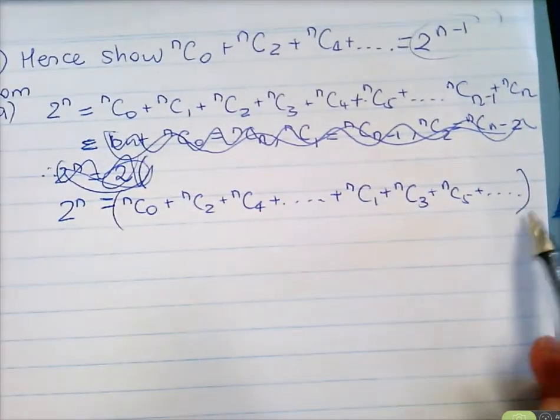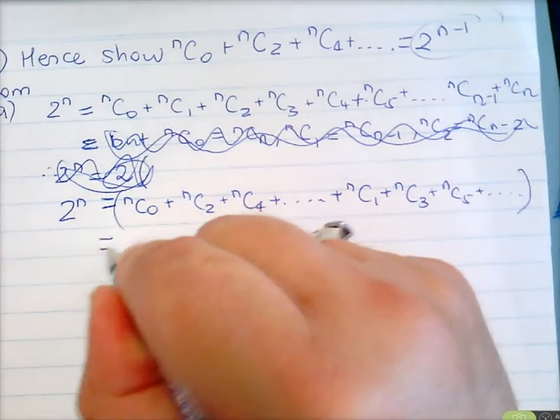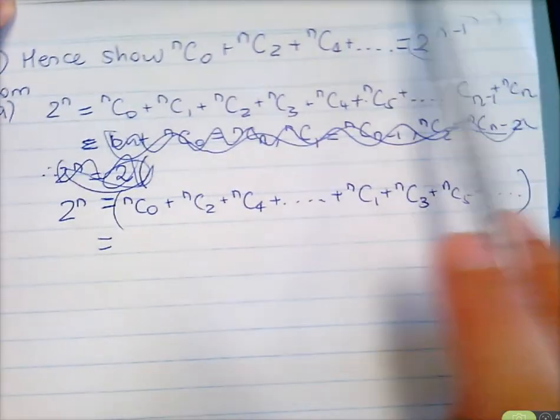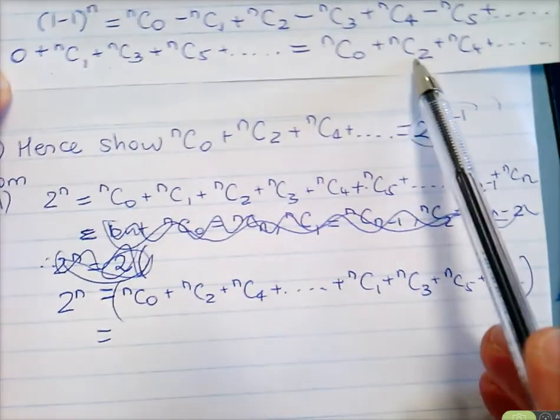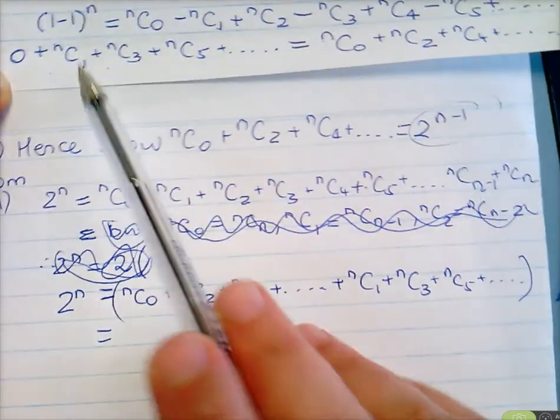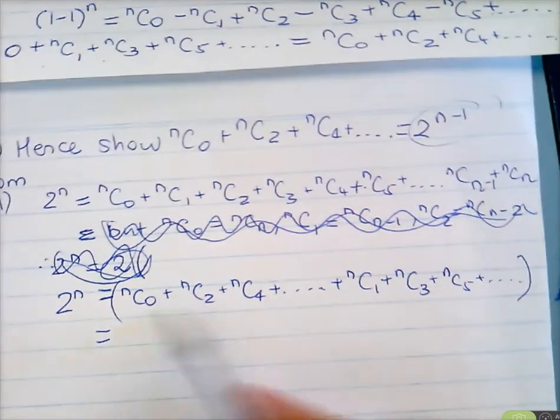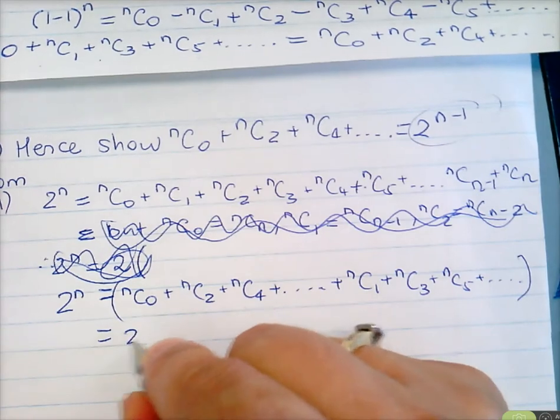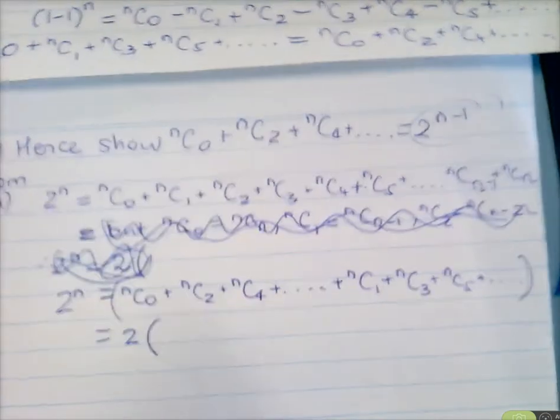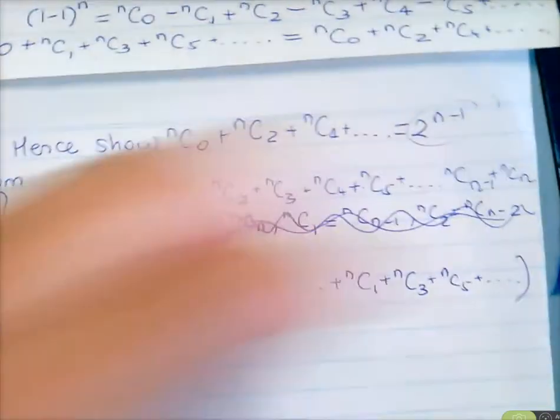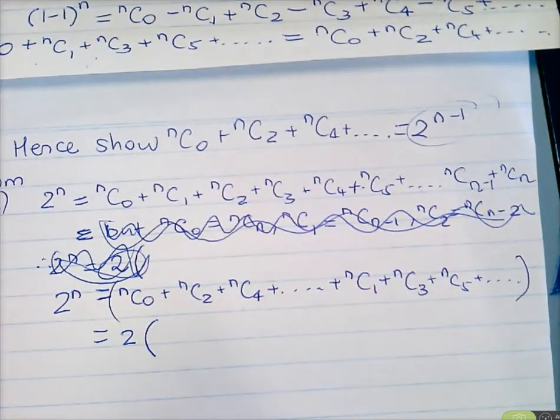Why am I doing that? Because, look at part B. Doesn't NC0 plus NC2 plus NC4 equal NC1 plus NC3 plus NC5? So instead of doing that twice, I can say it's 2 times one of those sets. Do you get what I'm saying?